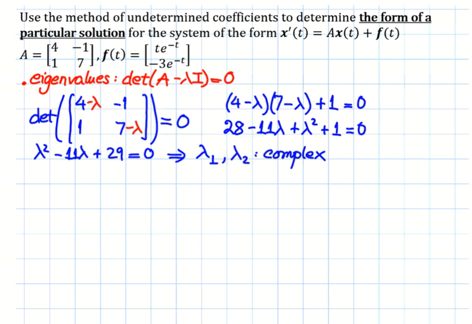Now, when we guess this form, we're going to guess of the form a plus tb, or at plus b. So we have the first degree polynomial times e to the negative t. For the second function, we just have a e to negative t.